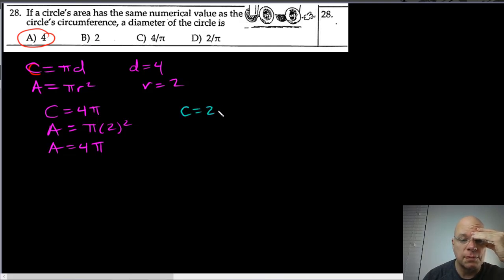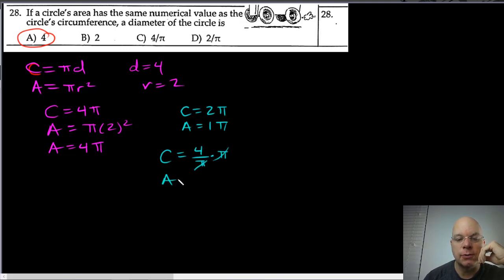C equals 2 pi and A equals 1 squared pi, which is 1 pi. B doesn't work. For C equals 4 over pi times pi, which would just be 4.